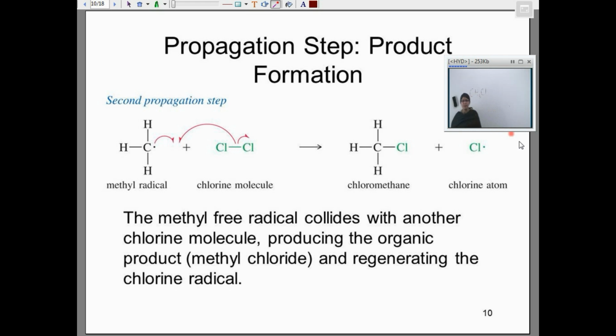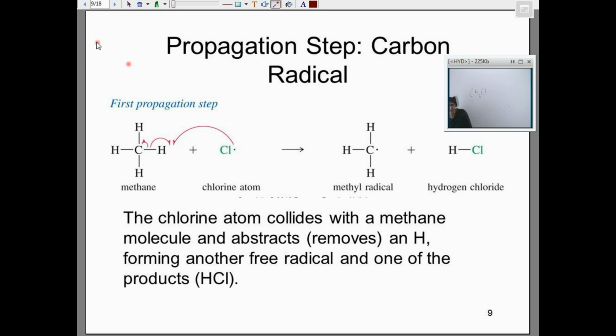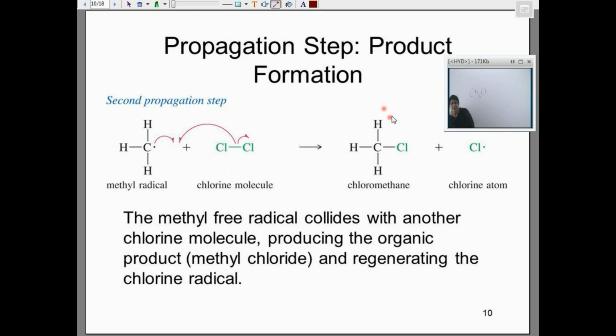It is also possible, looking at the last step we saw, that this methyl radical is formed, and instead of colliding with Cl2, it collides with a chlorine free radical. Then the chain reaction will stop.